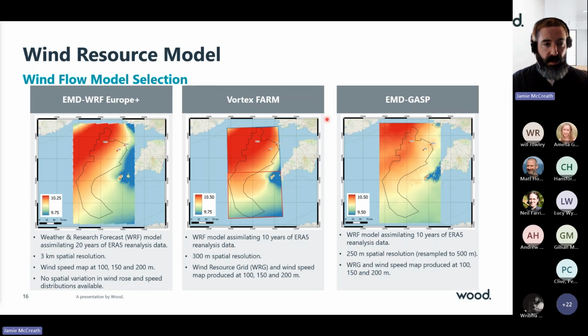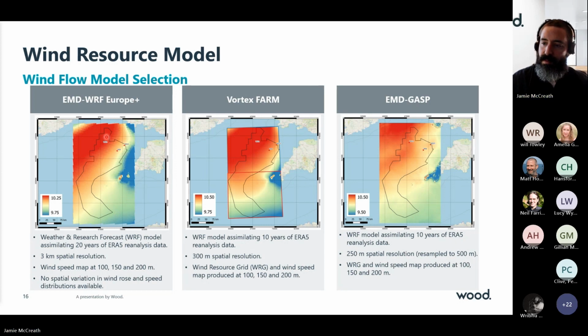So based on these 3 models, we didn't continue with the EMD WRF one. The main reason for that is, you can see in the map here, the high wind speed areas are to the north, and then there's lower wind speeds towards the south of the project area.